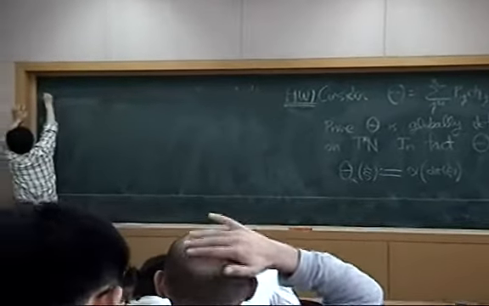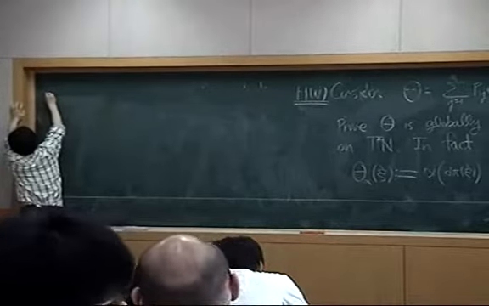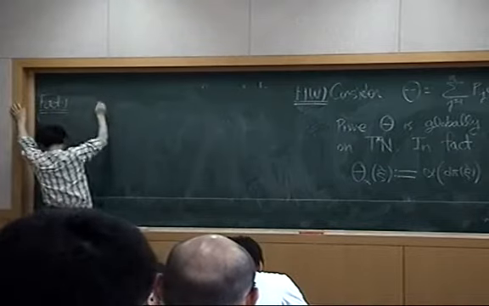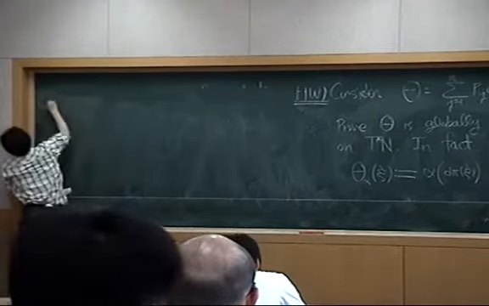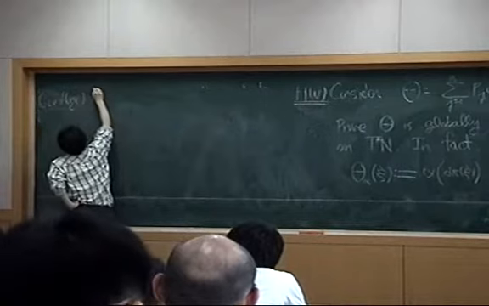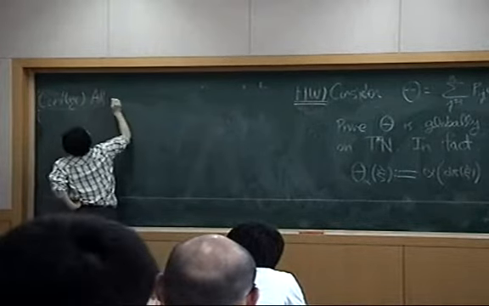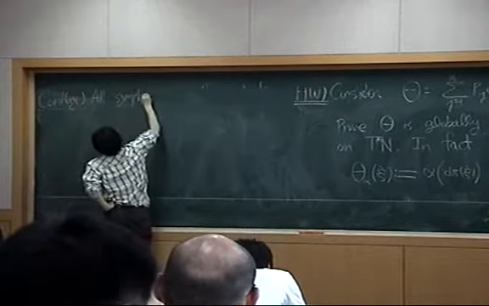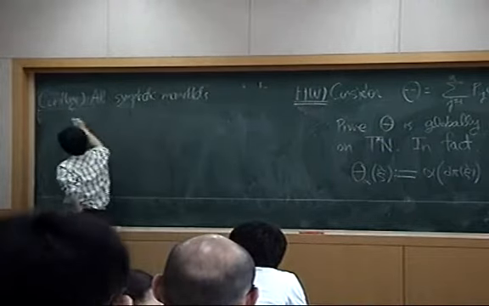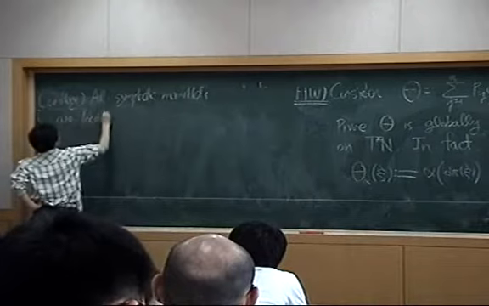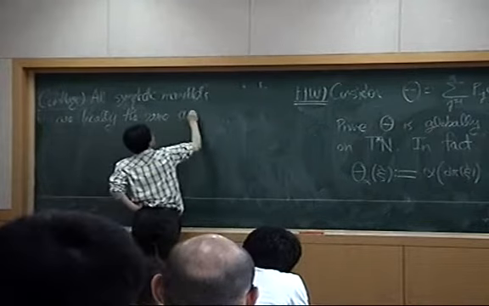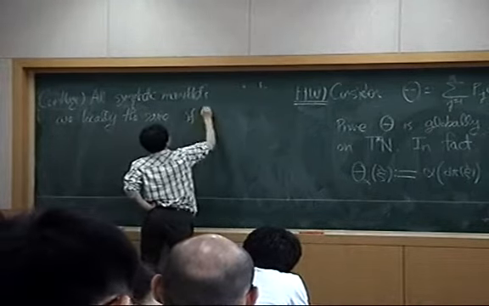The corollary of the Darboux theorem says all symplectic manifolds are locally isomorphic, locally the same, if their dimensions are the same.